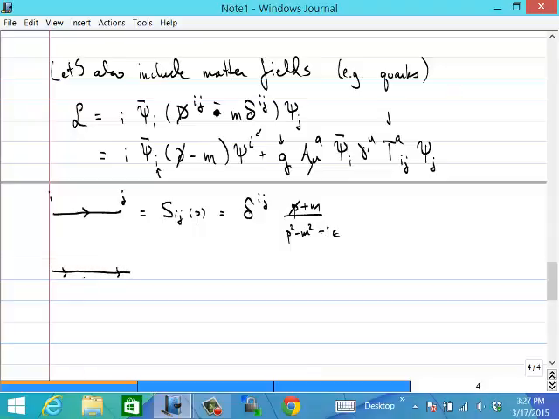Which again takes a form that's very similar to its form in Yang-Mills in electrodynamics, except that now you've got a representation theory matrix.